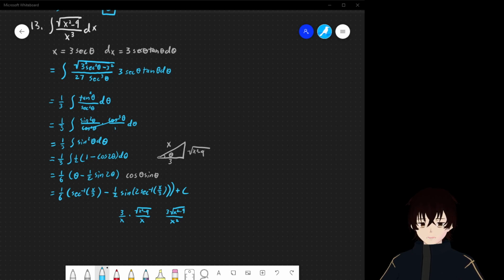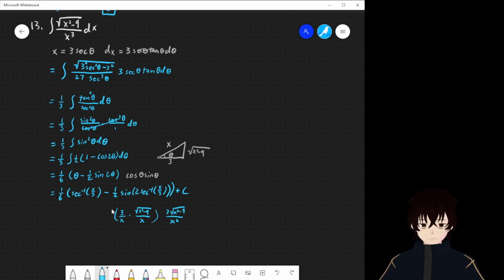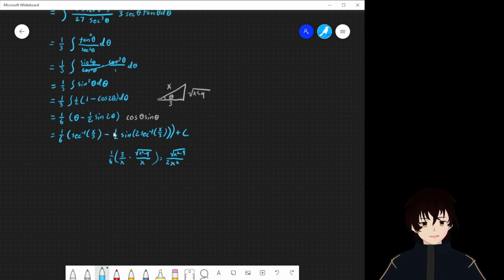What else is there? Oh, I didn't apply the 1 over 6 to this side, because this 1 over 6 needs to multiply over here. That makes a lot more sense. No wonder.